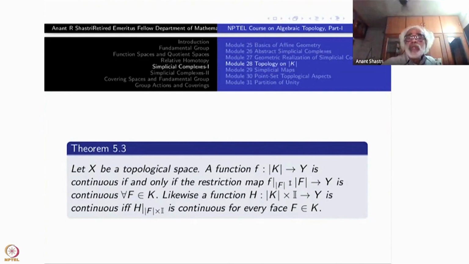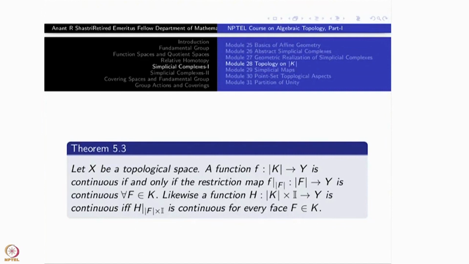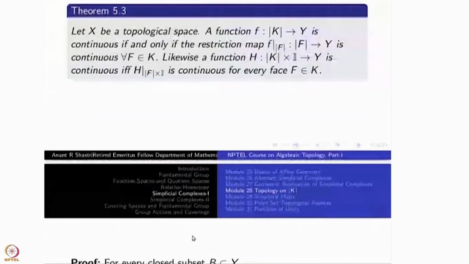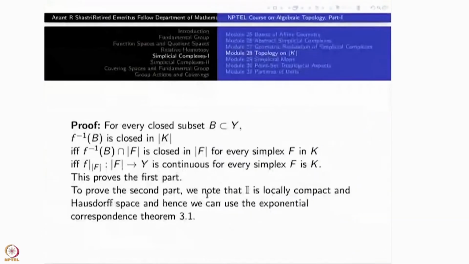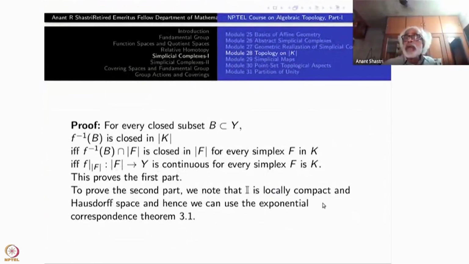But now the same thing is claimed for the product. For this, a careful proof has to be written down, and that uses function space topology. To prove the second part, the first part I have done, we note that I is locally compact. In fact, I is compact. Whenever we have a locally compact Hausdorff space, I can use the exponential correspondence theorem.